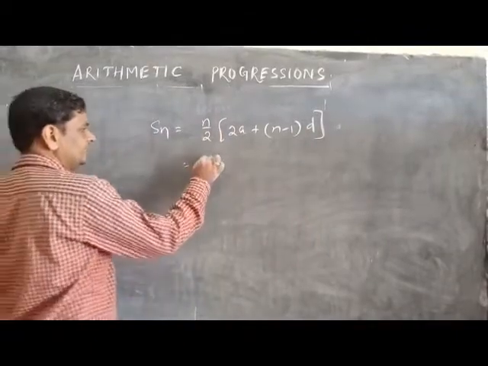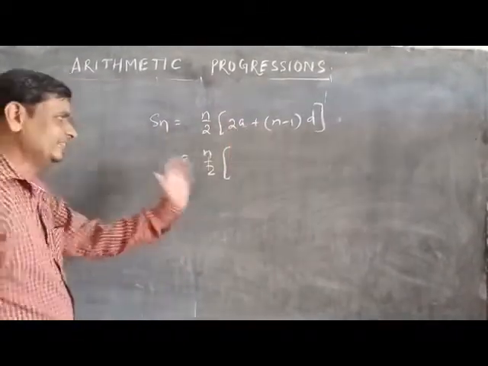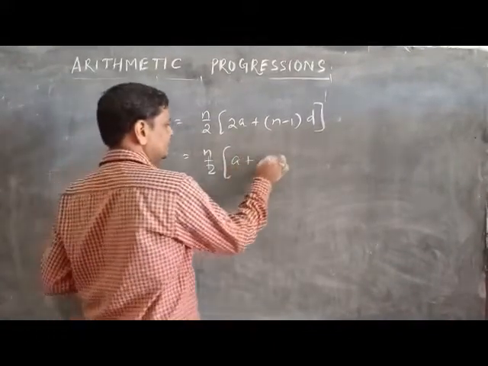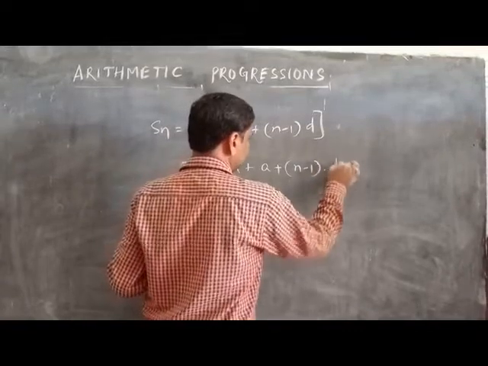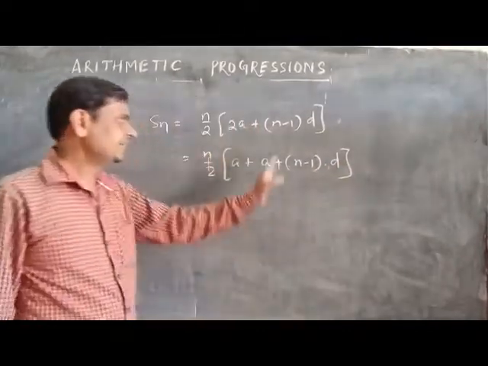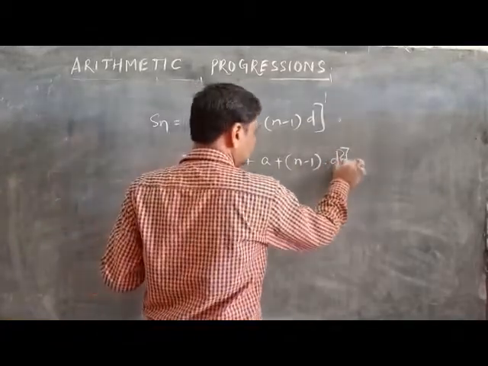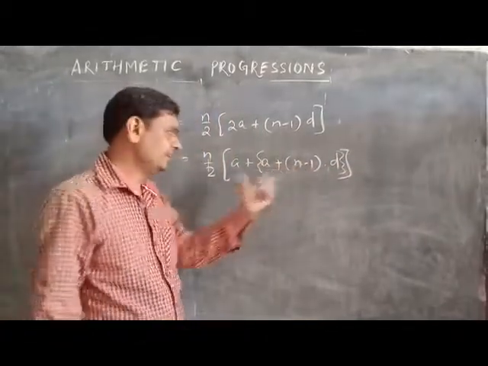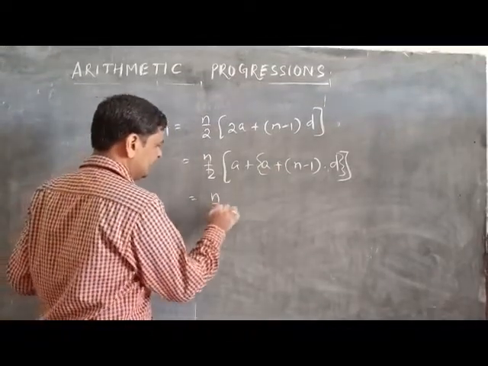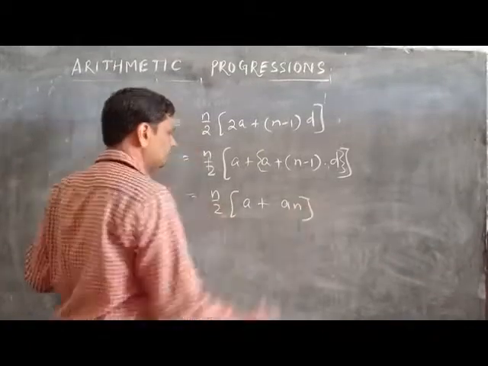We can write here n by 2, 2a split as a plus a plus n minus 1 into d. But this part, a plus n minus 1 into d, is the form of an.